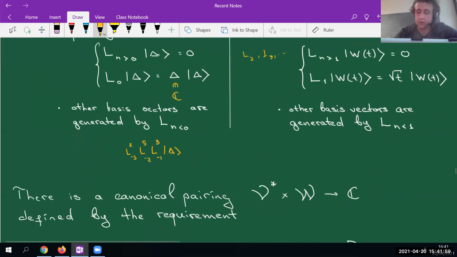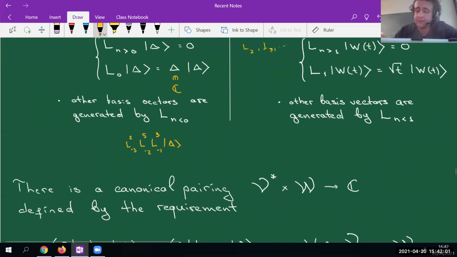And the other basis vectors are generated just as before by the creation part of the algebra, but there will also be powers of L0. So a typical vector in this module will have a form like this: L0 to some power, L minus 1 to some power, and so on.